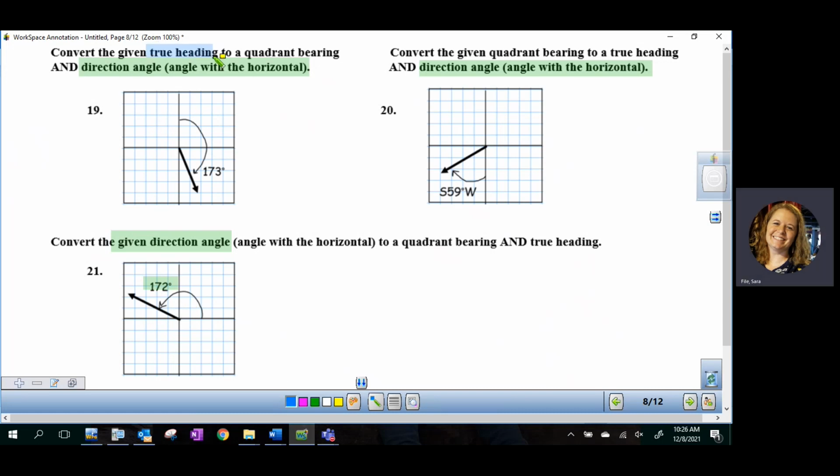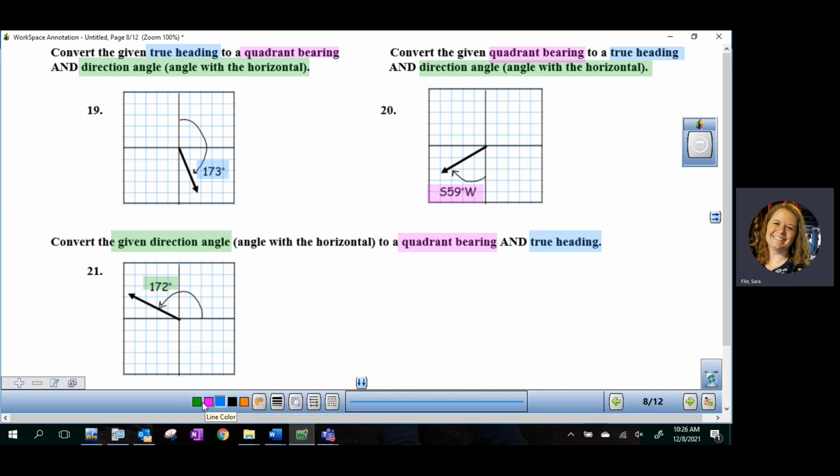Okay, a true heading is from the north. This one's given as a true heading. And then we'll do quadrant bearing in pink. This one's given as a quadrant bearing. Okay, so we're given the angles in the 3 different formats.